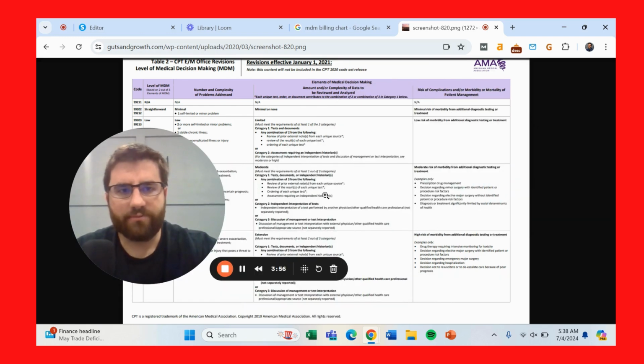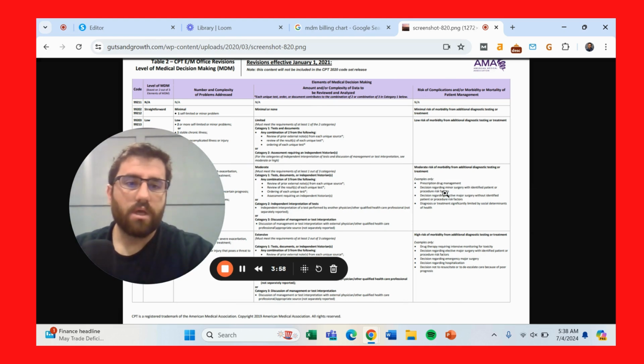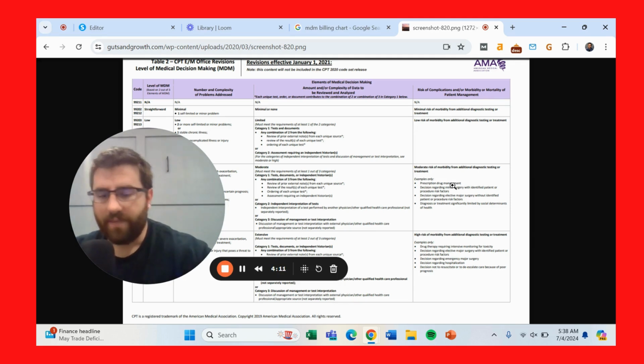Now, if you're on a level 4 and you want to get your second column, then an example of management would be something like prescription drug management. Over here, under risk of complication and morbidity or mortality from patient management, if you are managing prescriptions, and that can be as simple as continue current amlodipine, continue current lisinopril, then that can be checked off in this category, right?